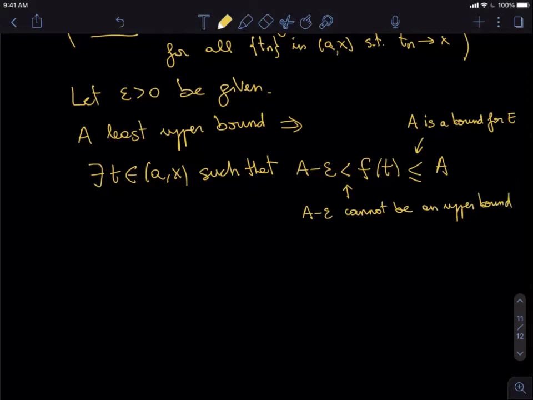If it were, then we would be violating the definition of E.